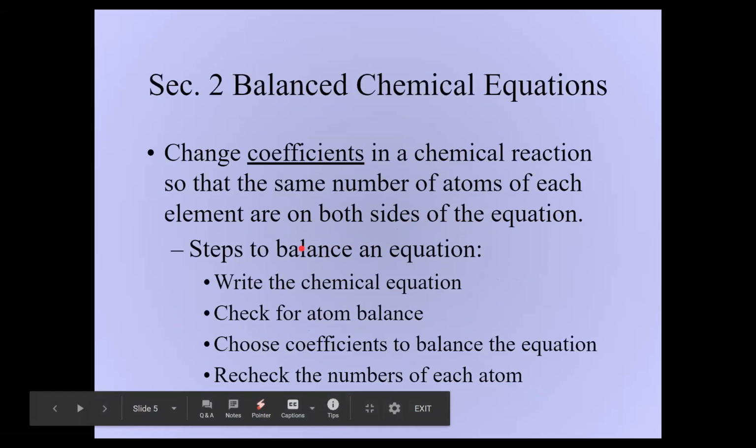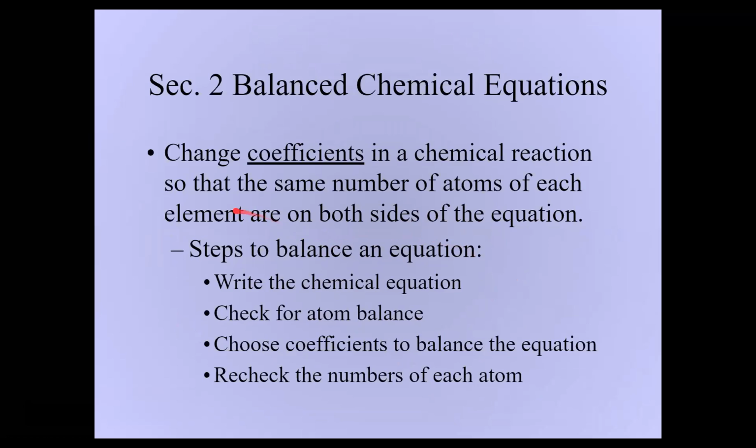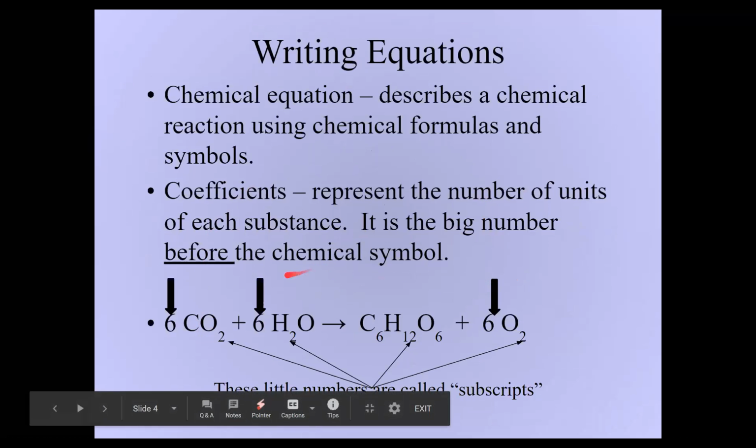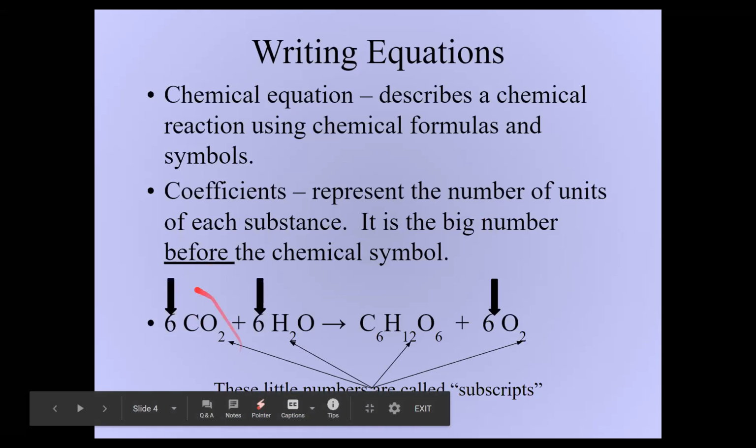So making a balanced chemical equation is all about making sure that we have the same number of atoms of each element on both sides of the equation. If we're thinking back to our photosynthesis example, we want to make sure that there is an equal number of carbons on the reactant side and the product side.